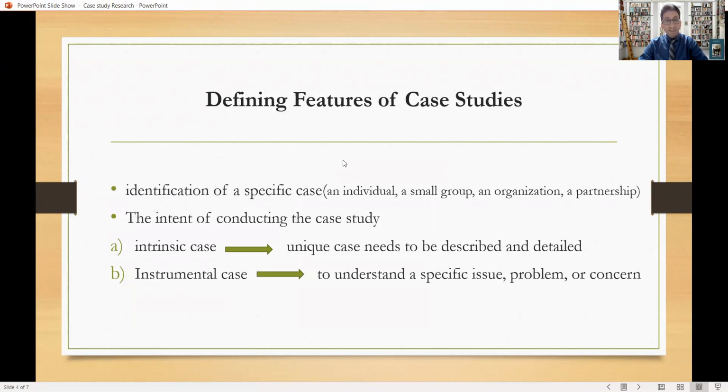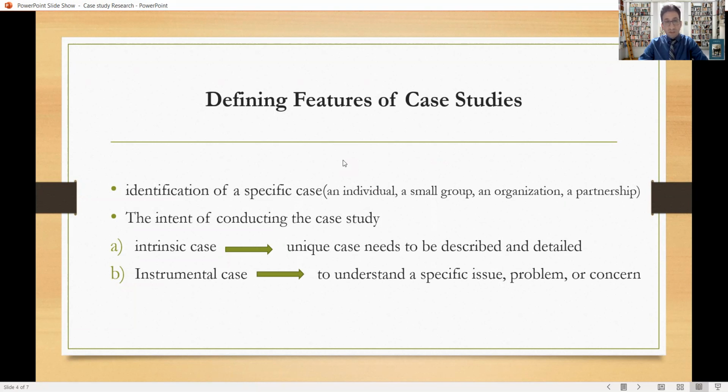The second part is the intent of conducting the case study. This one is categorized in two ways: intrinsic case and instrumental case. So what is an intrinsic case? A qualitative case study can be composed to illustrate a unique case, which needs to be described and detailed, which is called an intrinsic case.